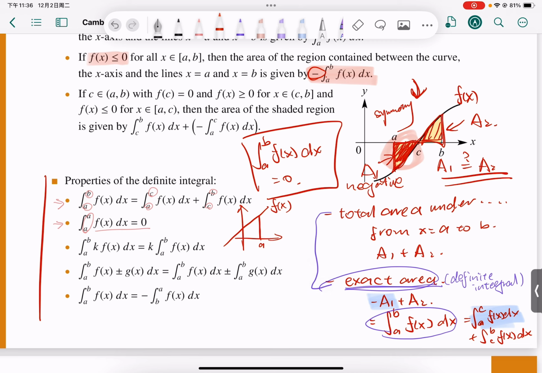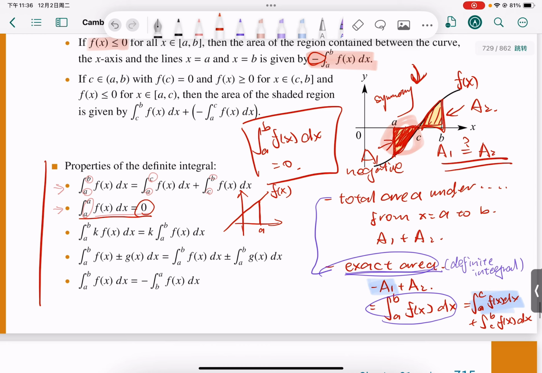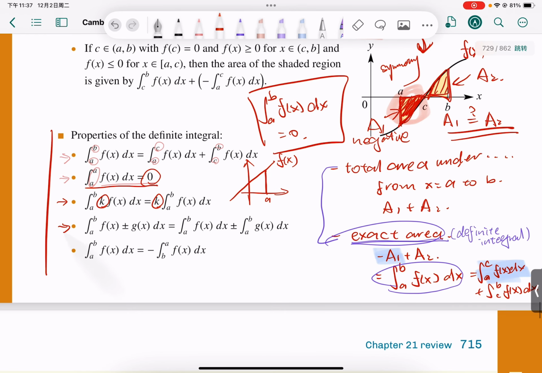Remember, when we talk about integrals, we're actually finding the area under the curve. So do lines have areas? The answer is no. The area of a line is 0. So the integral from A to A of f(x) is 0. For this one, we can take the k factor out. What about this one?